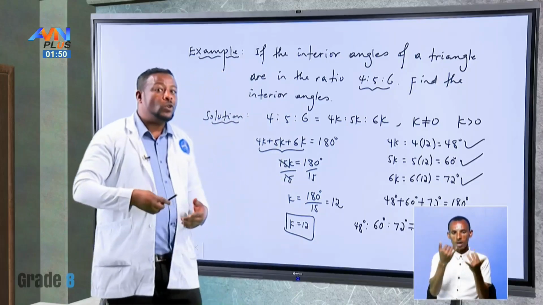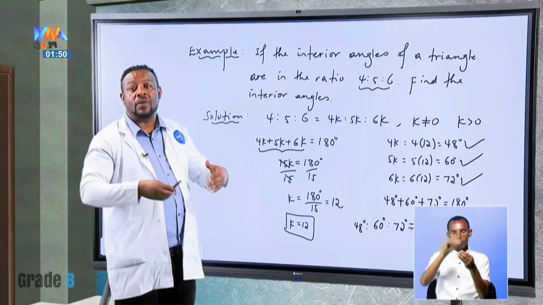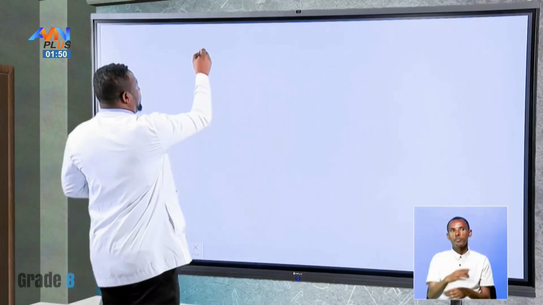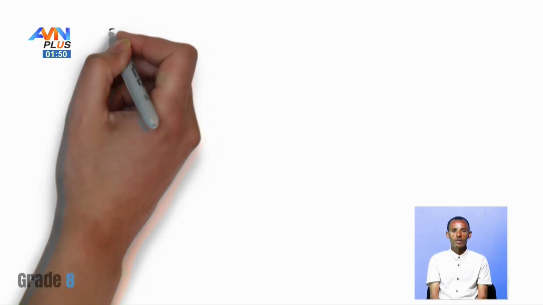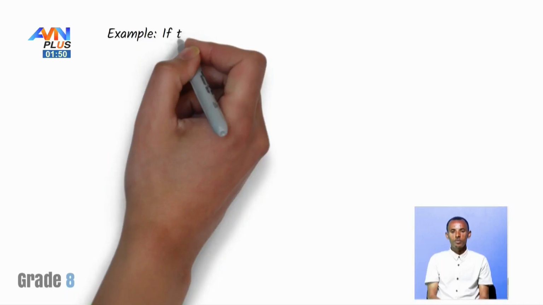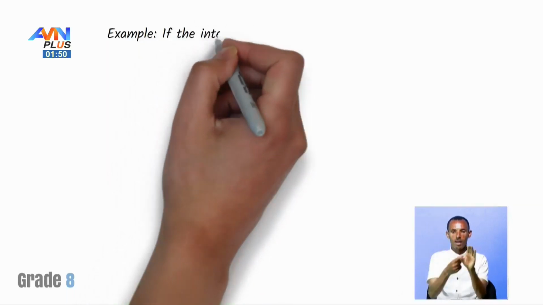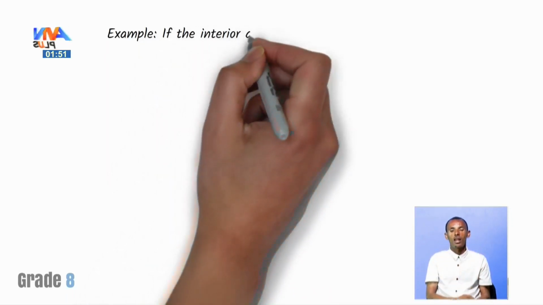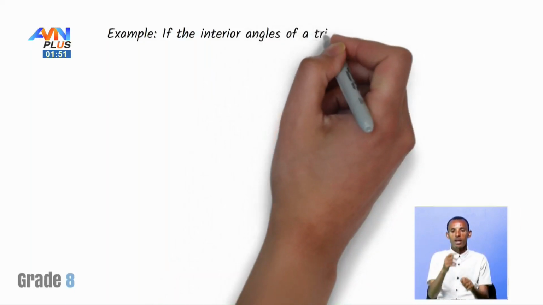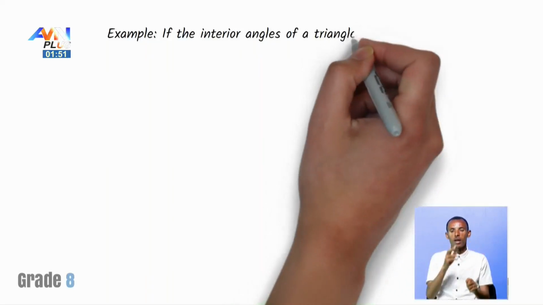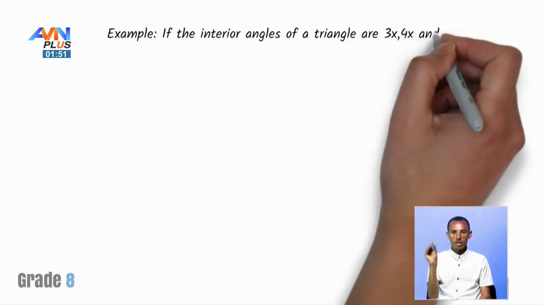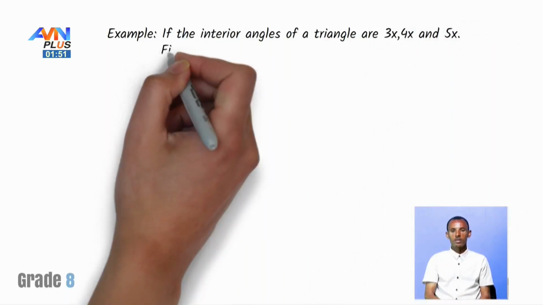So now I will give you one more example, and that will be the end of our discussion for today. Okay. In this example, if the interior angles of a triangle are 3x, 4x, and 5x, find the largest angle.